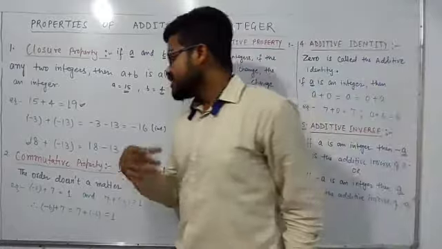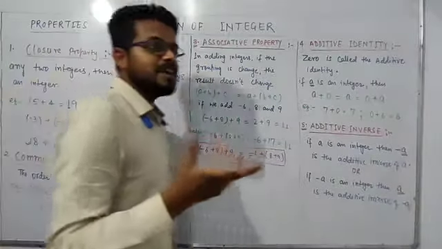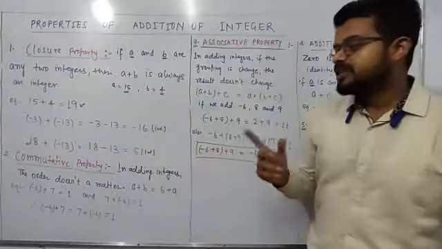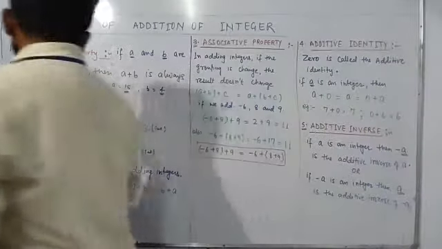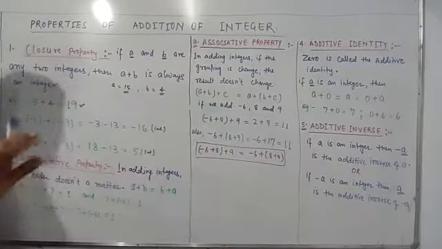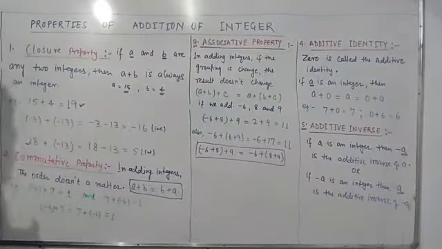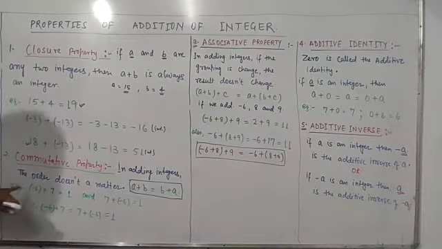If we reverse the numbers, 4 plus 5 is also 9. So according to the commutative property, order doesn't matter. This is a plus b is equal to b plus a.